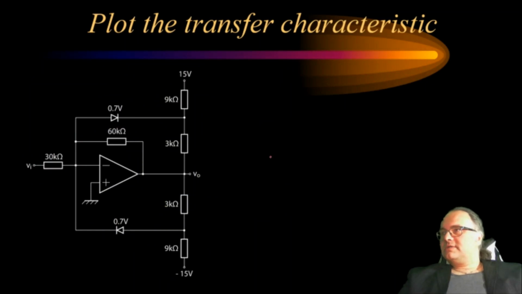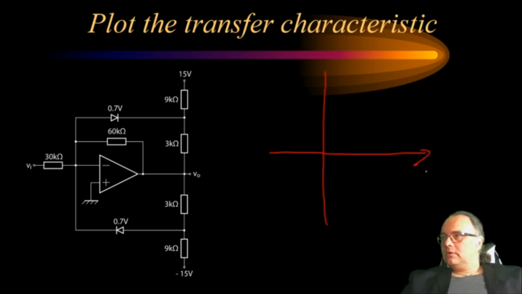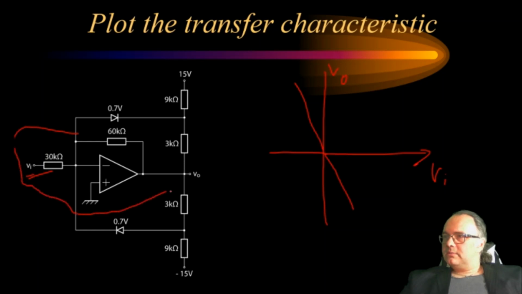So let's recap the transfer characteristic. The relationship between the input voltage and the output voltage. When the diodes are not connected, we have a high gain, and the gain is determined purely by this network.